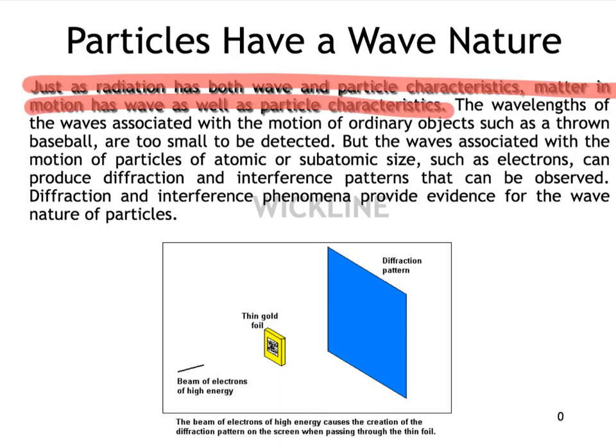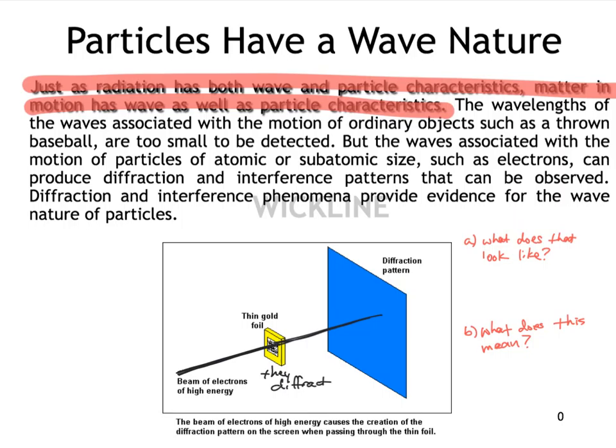Scientists noticed not even that long ago that if you shoot a beam of electrons at a foil made of gold, and electrons, by the way, are considered particles, they will display elements of waves as they pass through that gold foil. So instead of passing straight through the foil and striking the screen right in the center, they do something much more strange, and that is that they diffract. So A, what does that look like? And B, what does that mean?